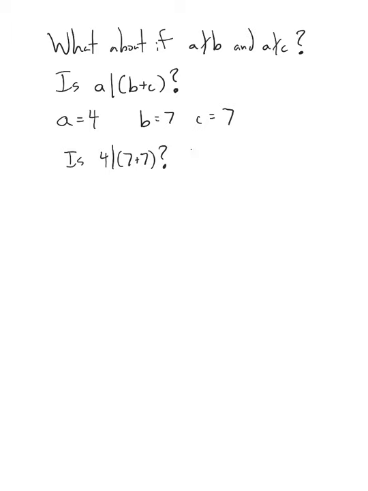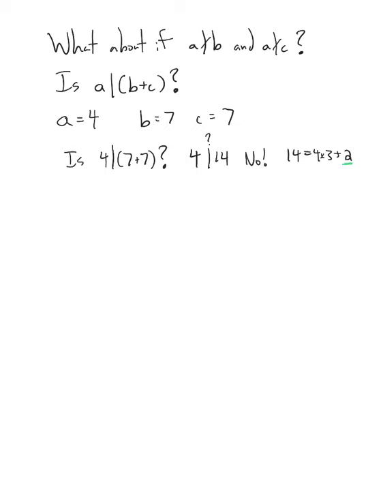Let's check. Is 4 a factor of 14? Of course it isn't. No. Since 14 is 4 times 3 plus a remainder of 2. If you divide 4 into 14, you get a remainder of 2.